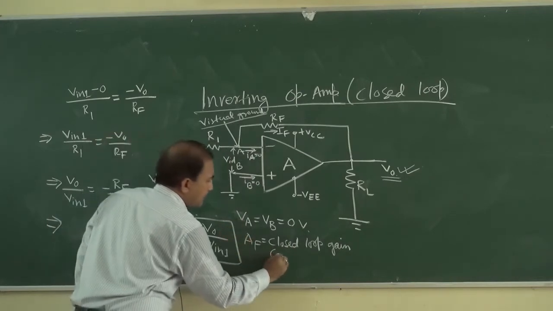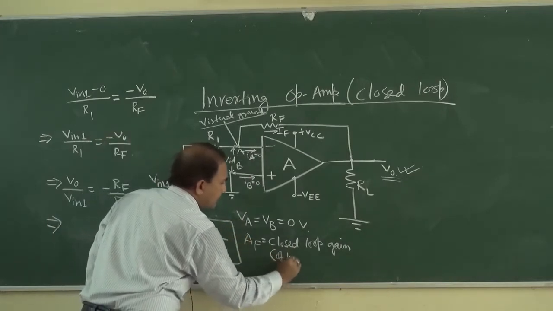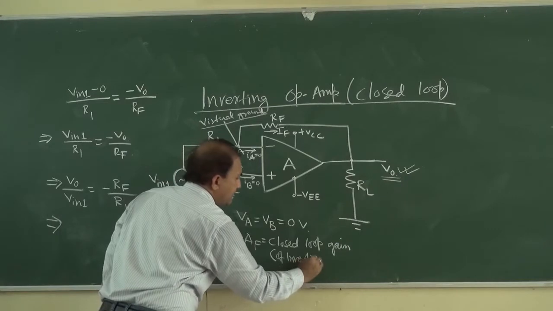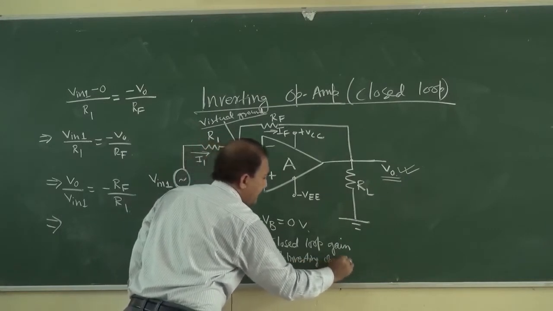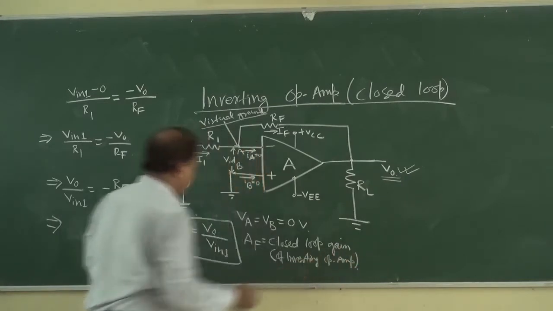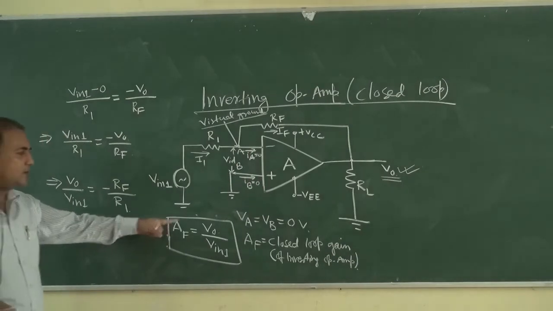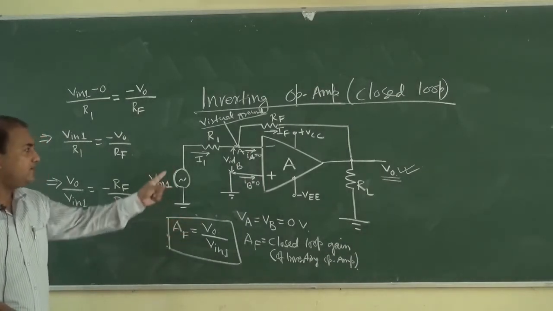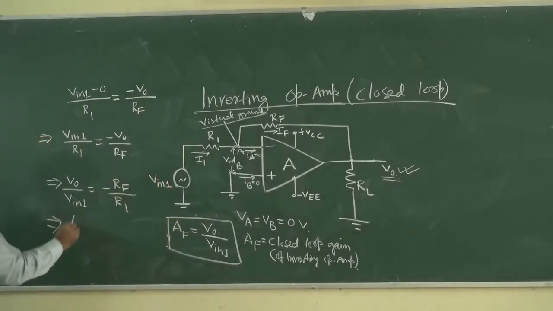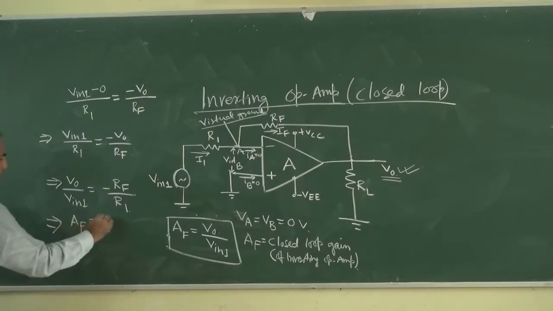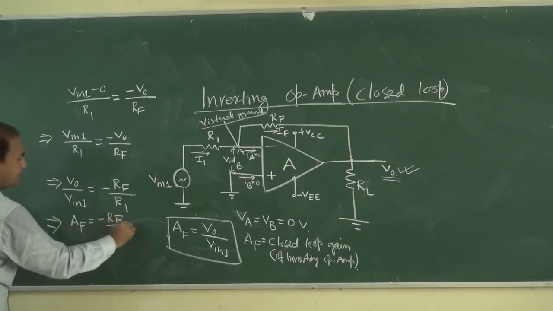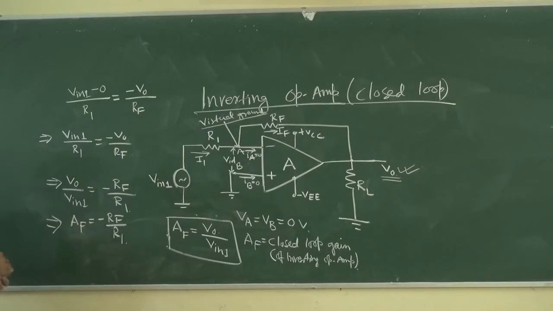Closed loop gain of inverting operational amplifier. AF is equal to Vout divided by Vin1. So we can write AF is equal to minus RF by R1.